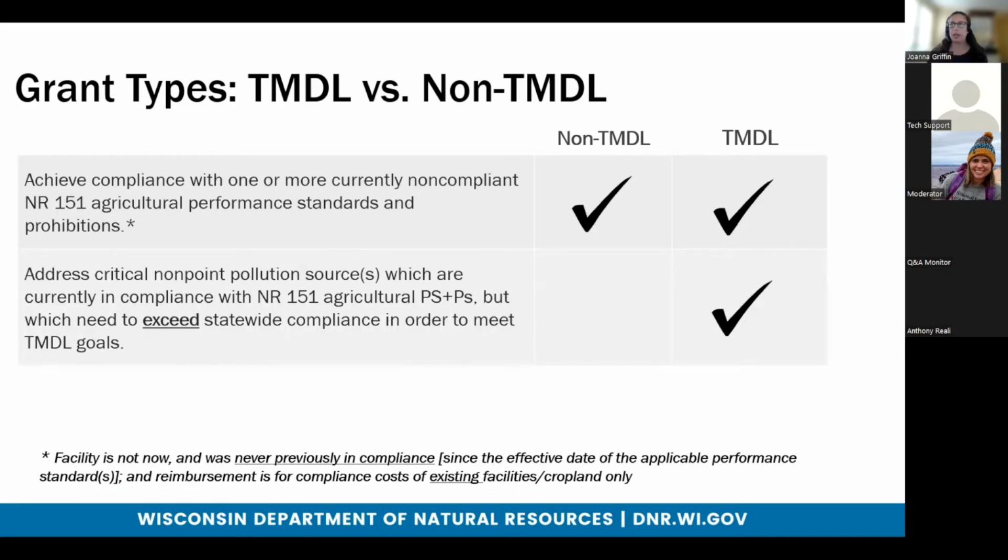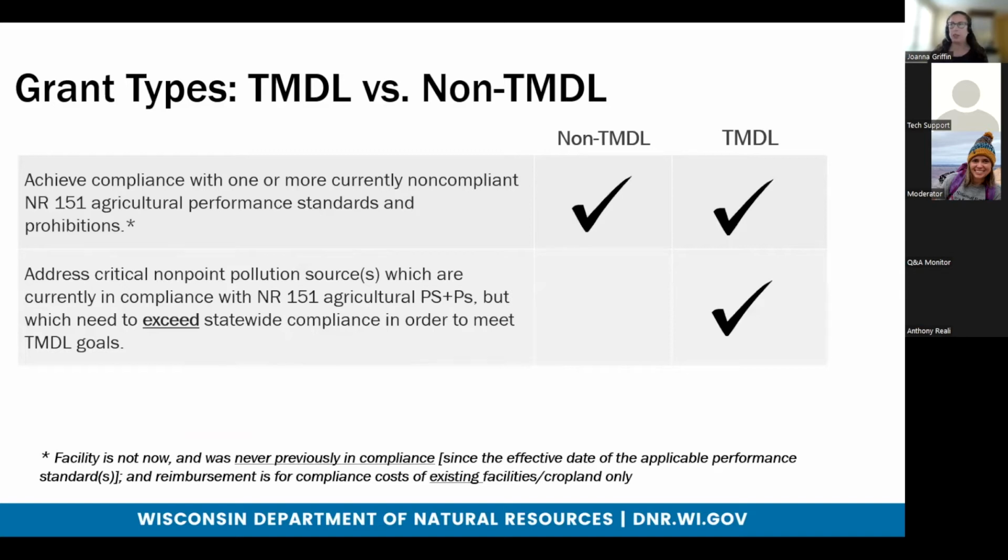However, unlike non-TMDL TRM projects, TMDL TRM projects can also cost share BMPs that exceed performance standards at sites that are already in compliance, if doing so is required for implementation of pollutant-specific TMDL goals.